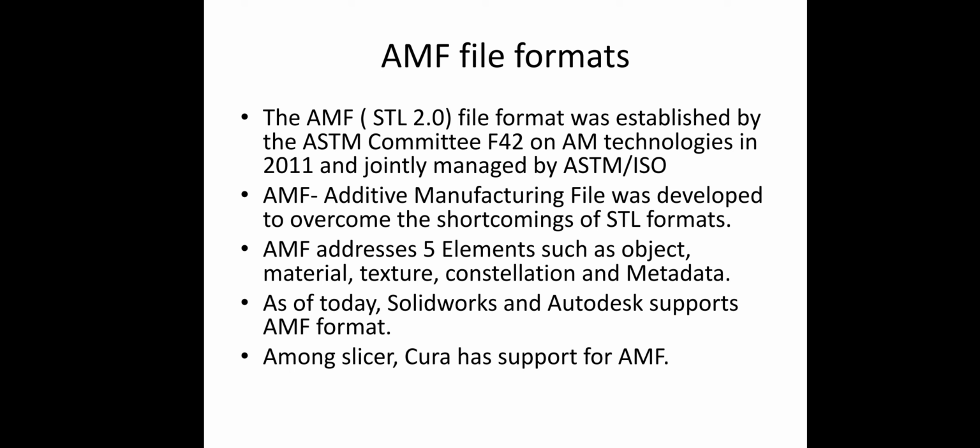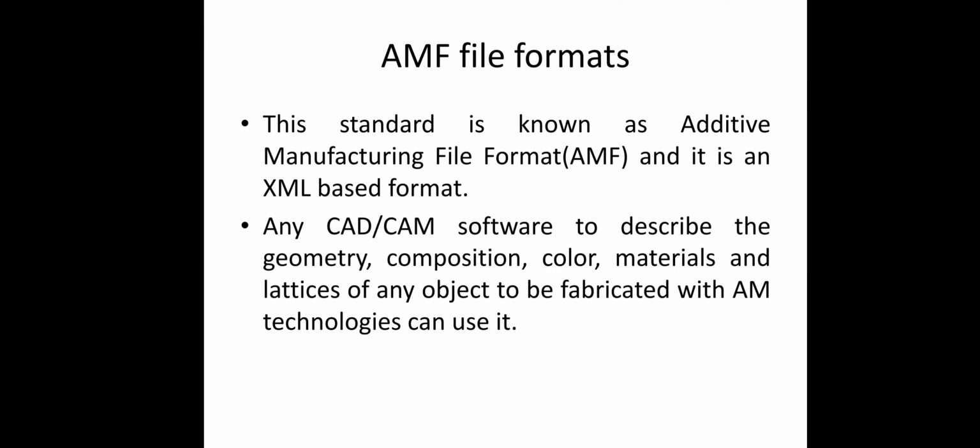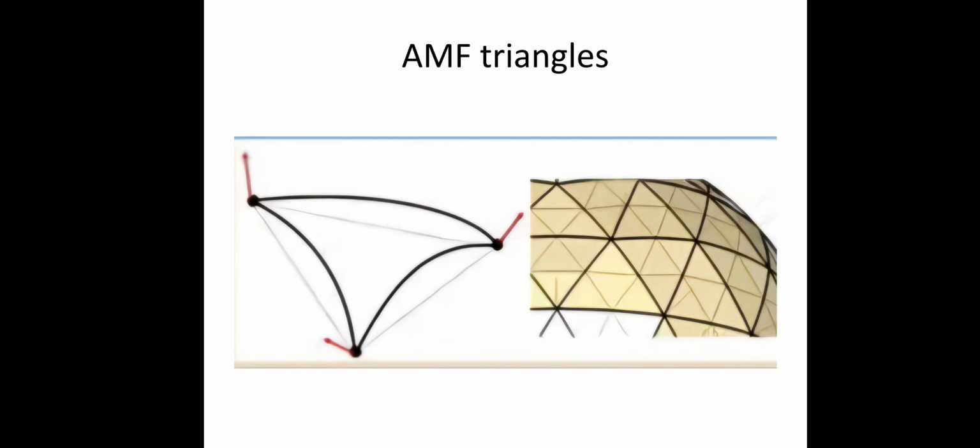AMF addresses 5 elements such as object, material, texture, constellation and metadata. As of today, SolidWorks and Autodesk support the AMF format. Among slicers, Cura has support for the AMF file format, and it is an XML based file format, so it is a human readable file format. Any CAD/CAM software to describe the geometry, composition, color, materials and lattices of any object with AM technologies can use this AMF file format.